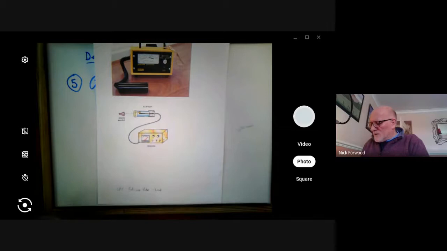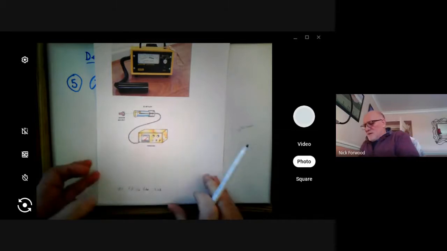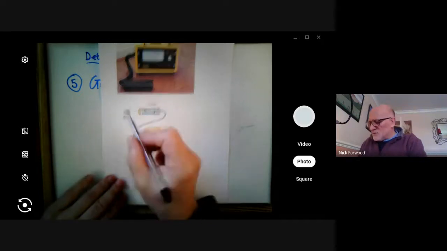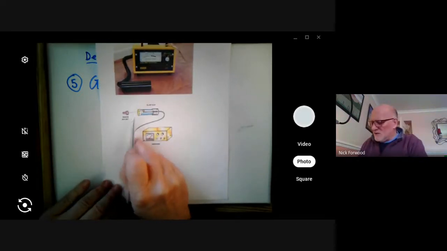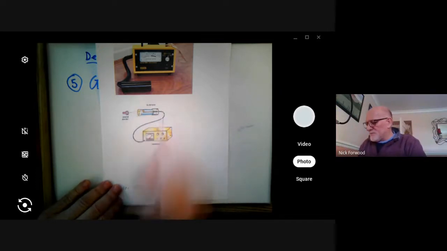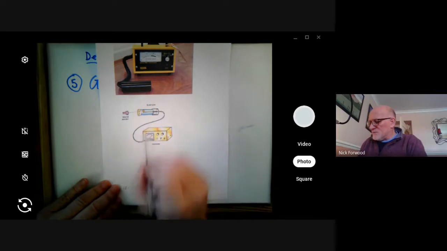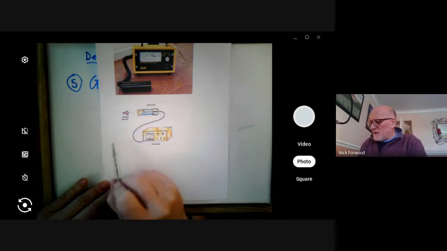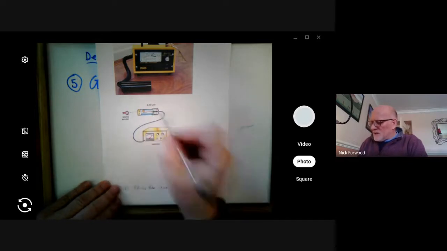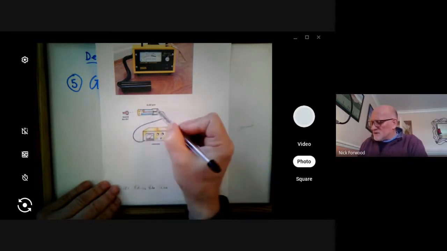So how does it work? Well, here I've got my radioactive source. Don't know whether you can see the wording on here, but that's the source, and it's a tube. It's a hollow tube, but it's capped at both ends, and the tube contains some gas. And again, it's a bit like the spark counter.